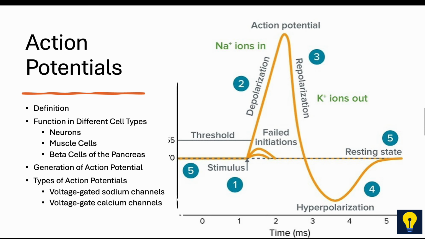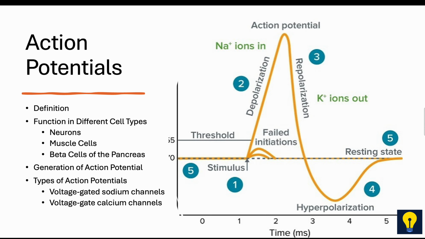In physiology, an action potential refers to a brief event where the electrical membrane potential of a cell rapidly rises and falls following a consistent trajectory. What are the different functions of an action potential in different cell types? In neurons, action potentials play a central role in cell-to-cell communication.